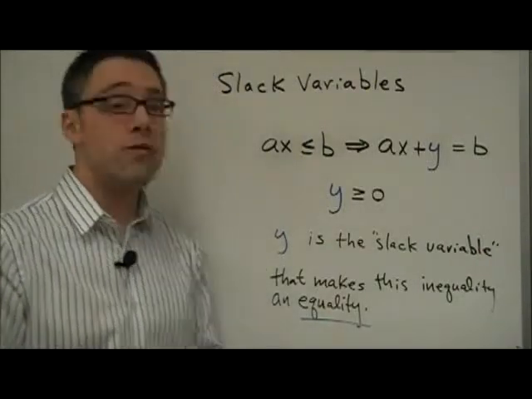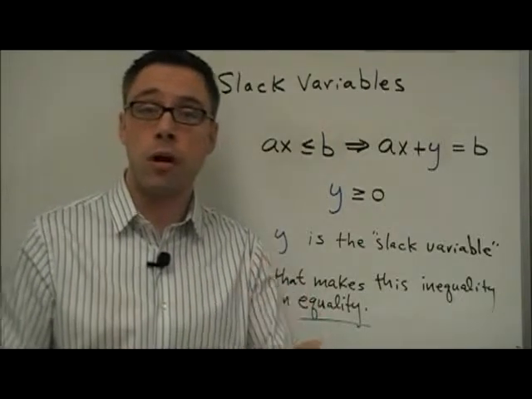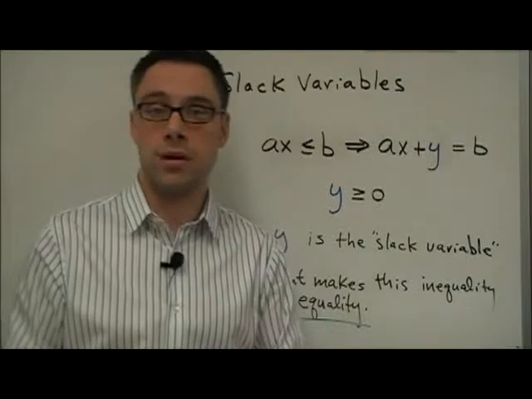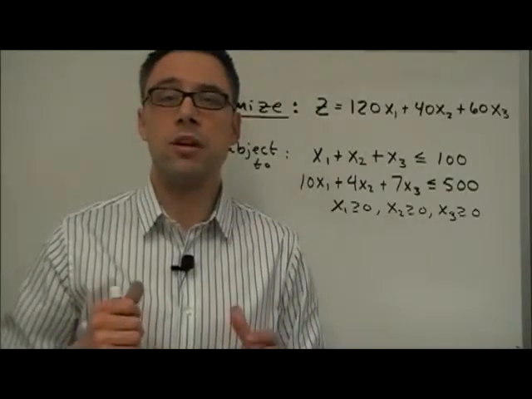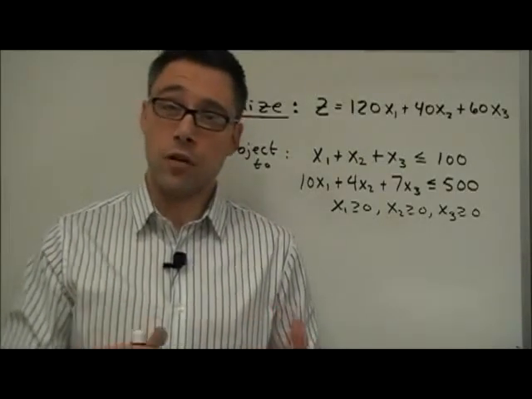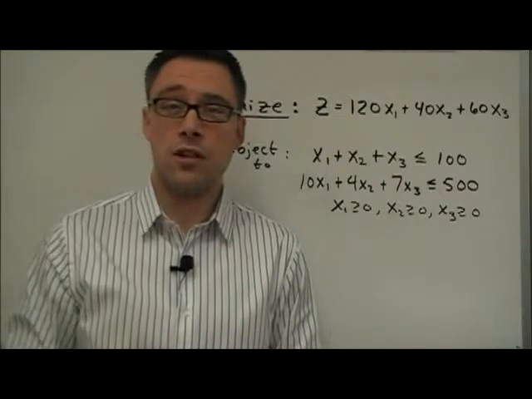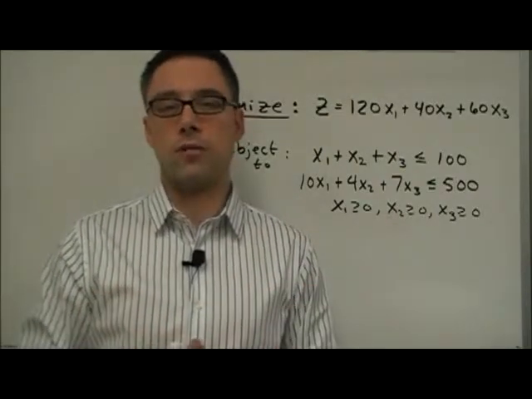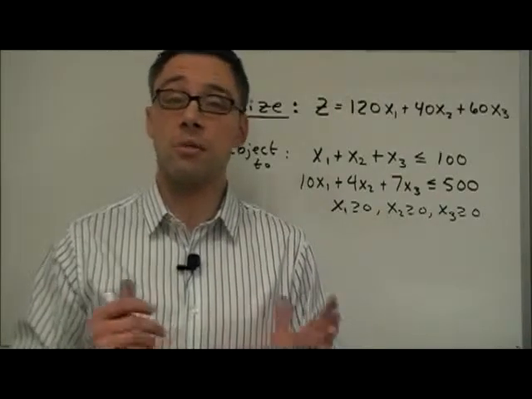Slack variables will be very useful and an integral part of the actual algorithm we'll come up with, called the Simplex Method. Probably the best way to develop this algorithm is to look at an example. So consider a standard linear programming problem, except this time we have 3 variables.